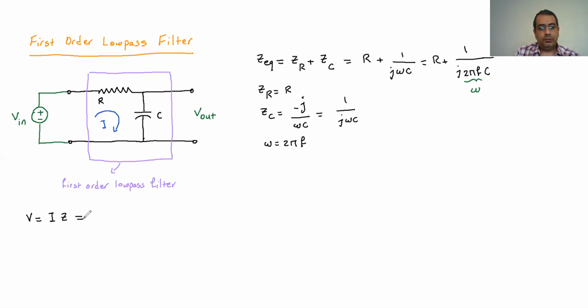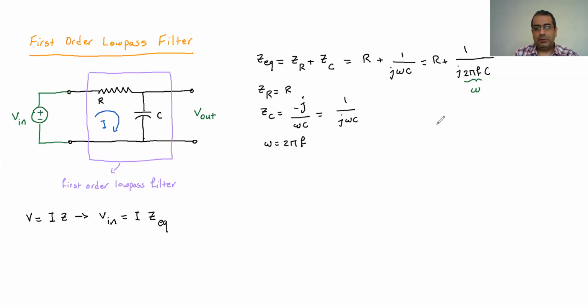So in this case, V, the input voltage, is equal to I times the Z equivalent. If I add these two, it's going to be simply one element, so it's going to be a very simple circuit.